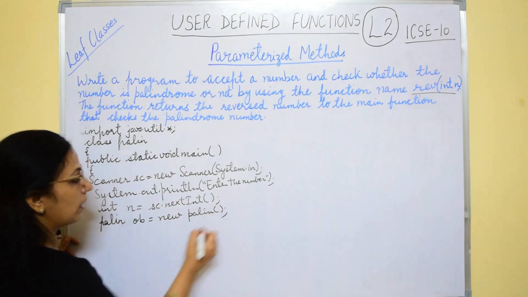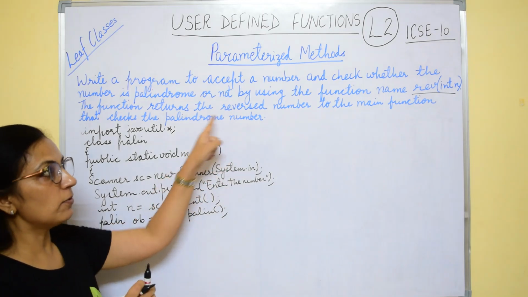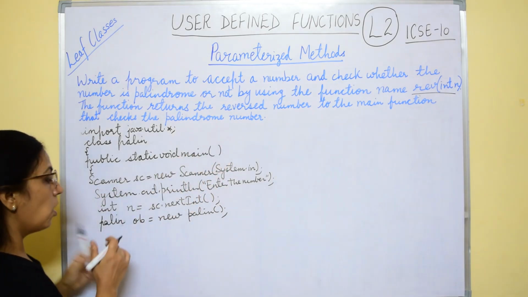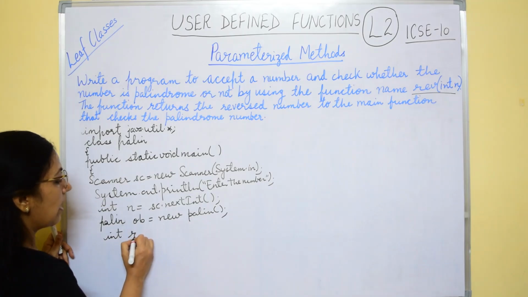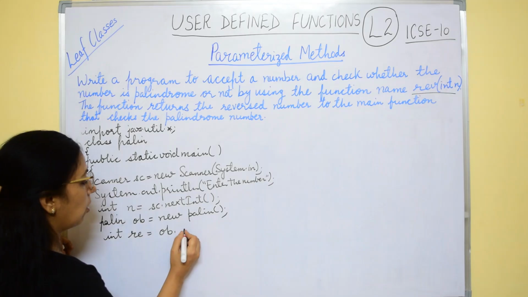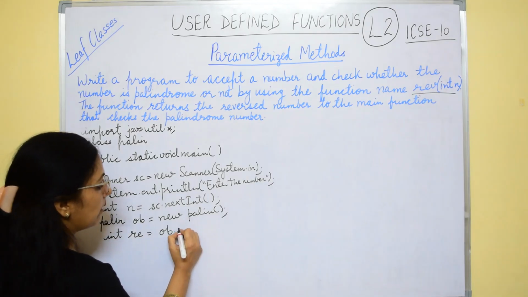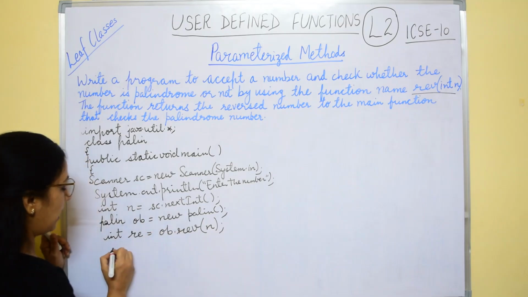This is how we create the object. Now since the function is returning a value, we are storing that value in a variable re equals ob.rev, the function name, and we pass on the value.